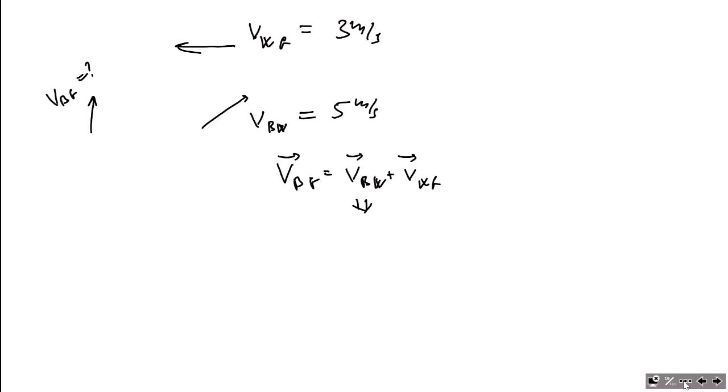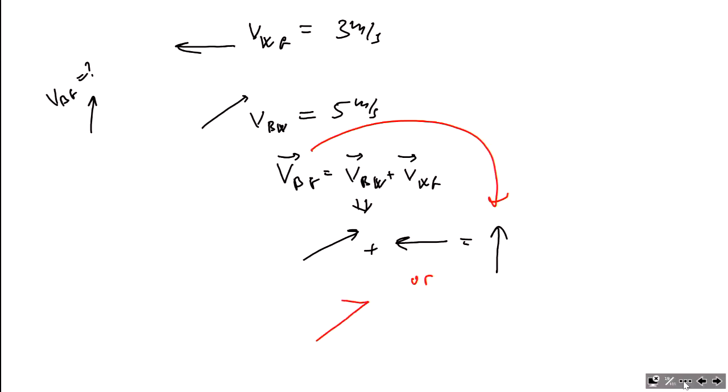Hence, this arrow plus this arrow should give us this arrow. Well, I just flipped the sides. Or we now can complete the tail to head rule.